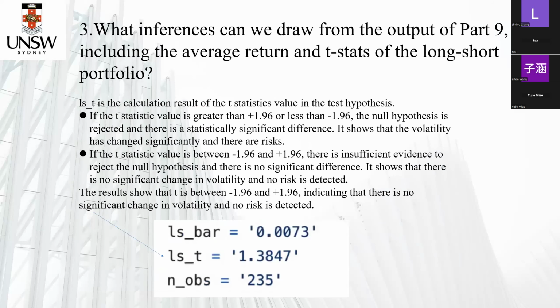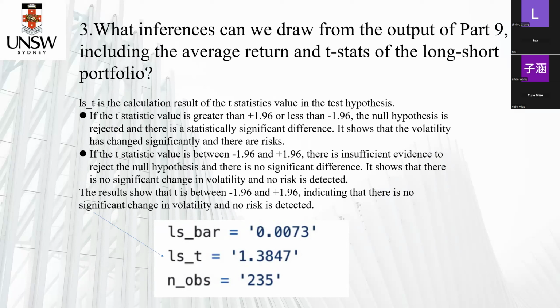And LST is the calculation result of the T statistic value in the test hypothesis. If the T statistic value is greater than positive 1.96 or less than negative 1.96, the null hypothesis is rejected and there is a statistically significant difference. It shows that the volatility has changed significantly and there are risks.